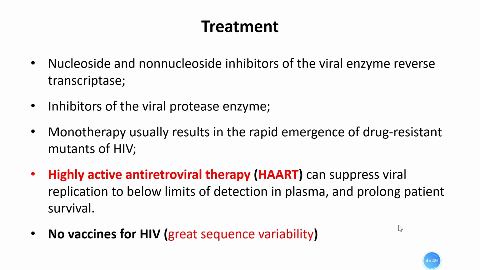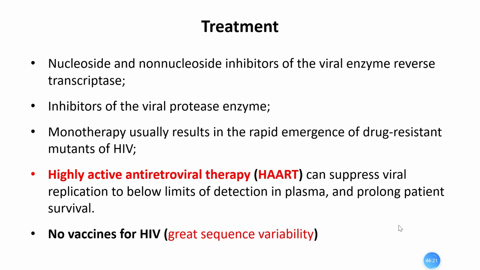Or you can use the inhibitor of the enzyme reverse transcriptase, or inhibitors to the viral protease. Because in the viral genome, a lot of proteins are co-transcribed, co-translated, and it relies on the protease activity to cut it into functional proteins. So there are inhibitors designed to those proteases.